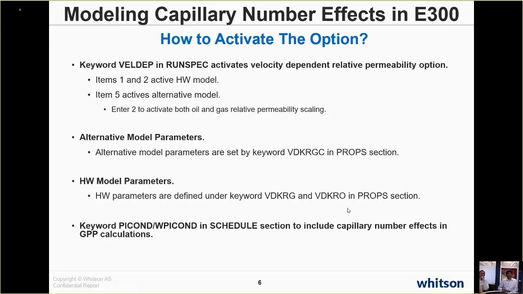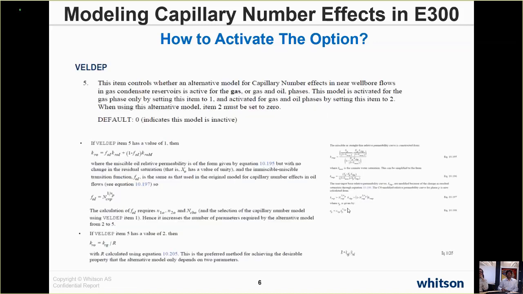Yesterday there was a question about 1 and 2 and combining them here. I have taken this from the Eclipse manual. Under item 5, it says this item controls whether an alternative model for capillary number effect near the wellbore flow in a gas condensate reservoir is active for gas or gas and oil phases.